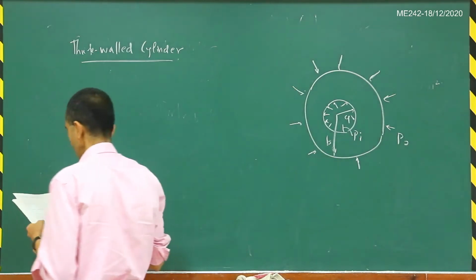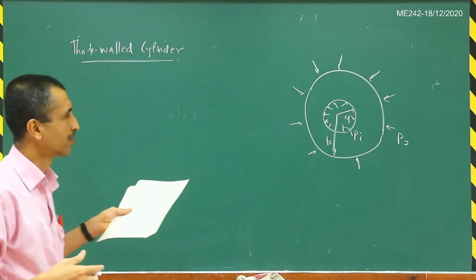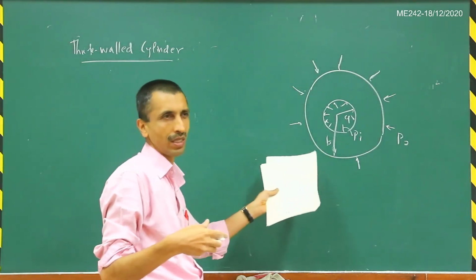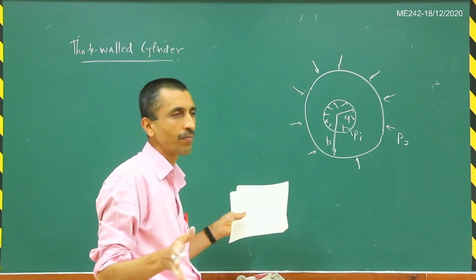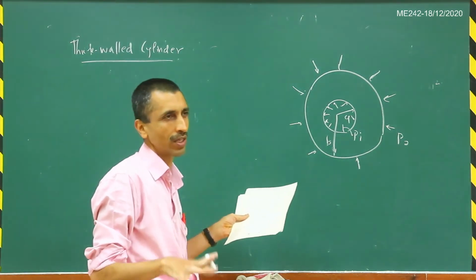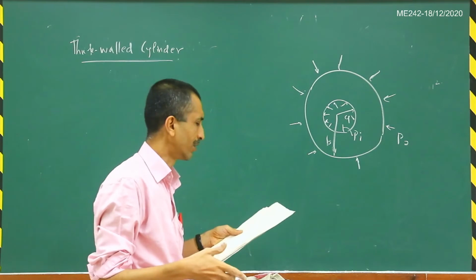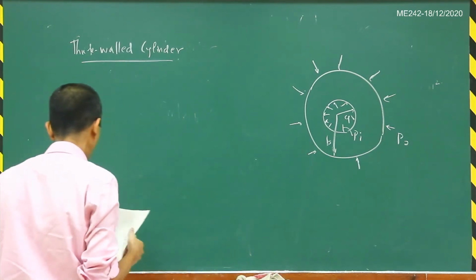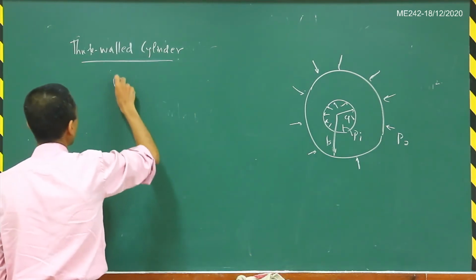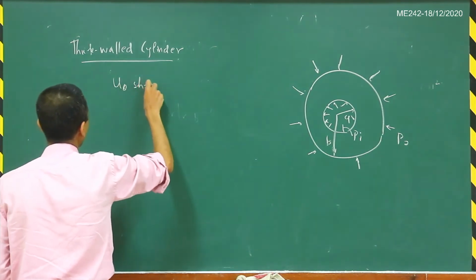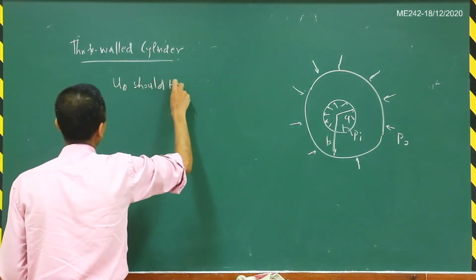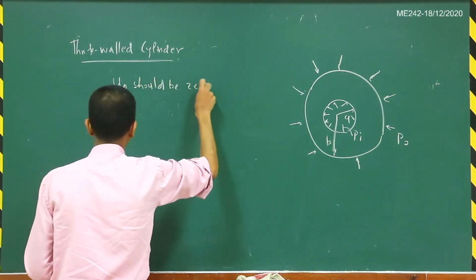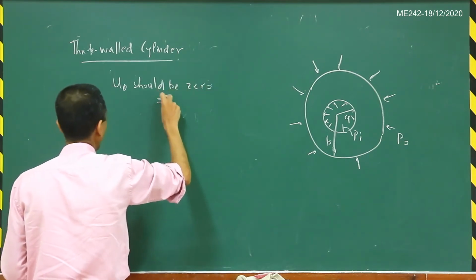I'm not going to go through the same solution because we have already seen the spinning disk. You simply set that V to be 0 because now there is no body force. So we can use that same solution. Since u_theta should be single valued, it should be 0 in this particular case, and that will give me that P is equal to 0.